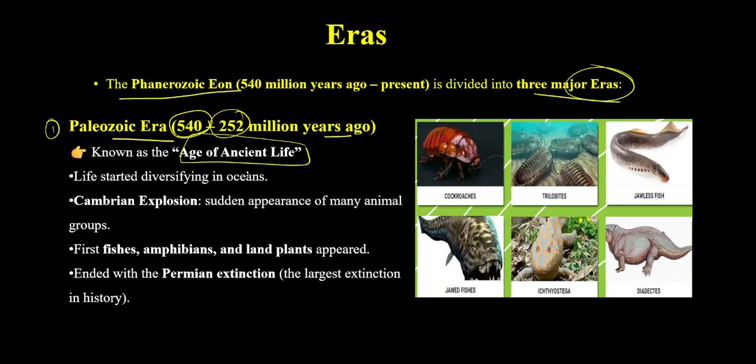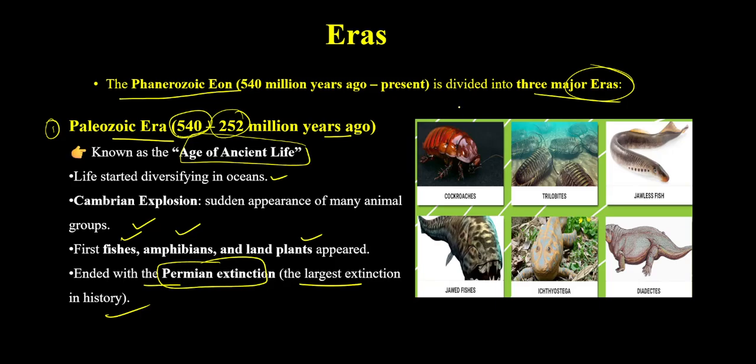Life started diversifying in oceans. The Cambrian explosion occurs, which means the appearance of animal groups. First fishes, amphibians, and land plants appeared in this time period, and this era ended with the Permian extinction, the largest extinction in history.